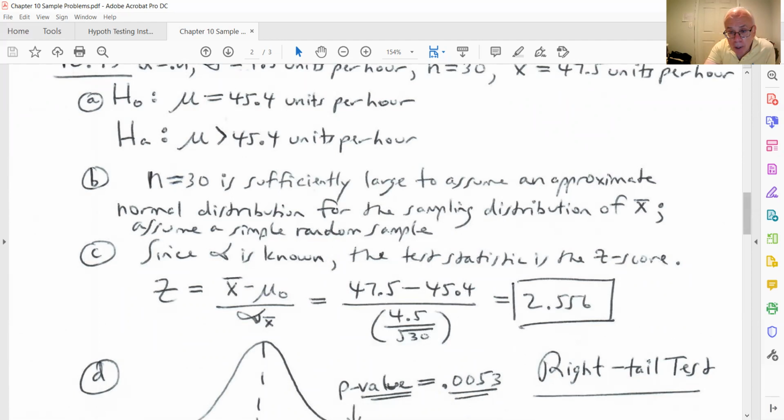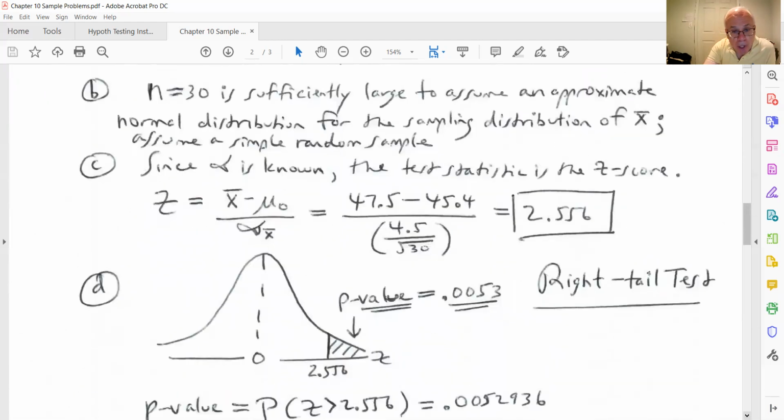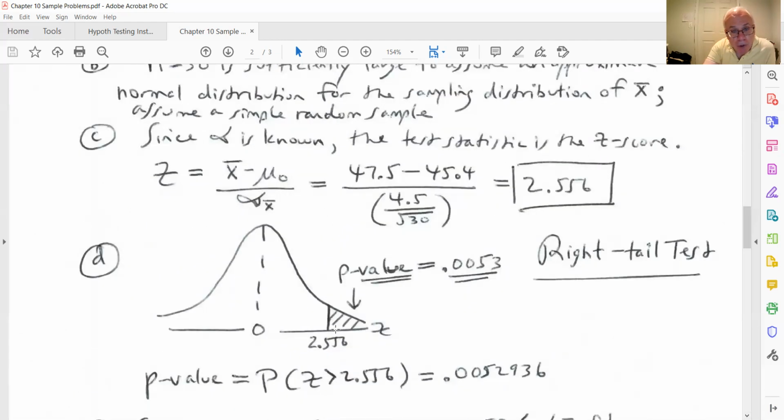Yes. Okay. Now this is a right tail test, so we plot the 2.556 on the z standard normal curve. The area to the right of it, I get 0.0053. Is that what you got? Something like that. Yeah. Okay.